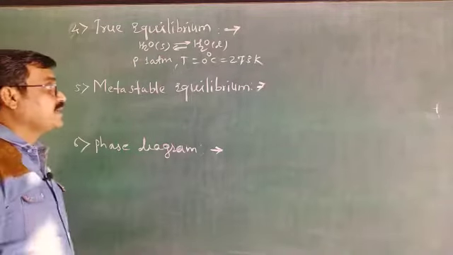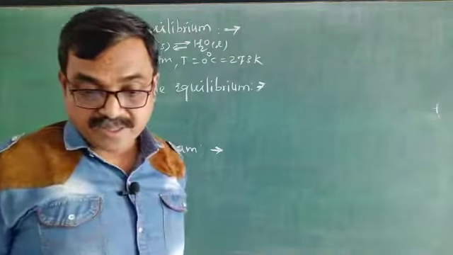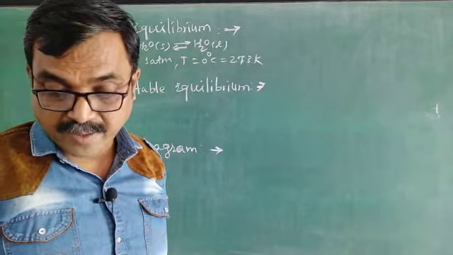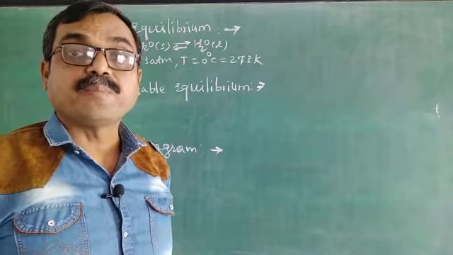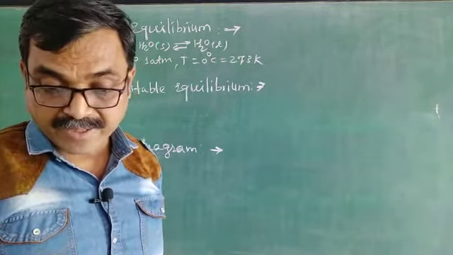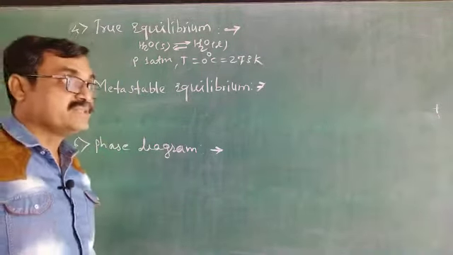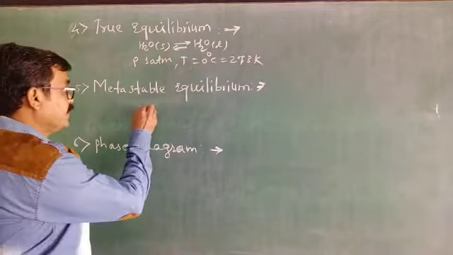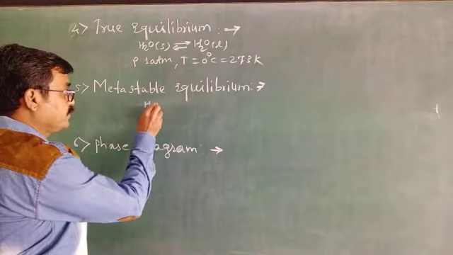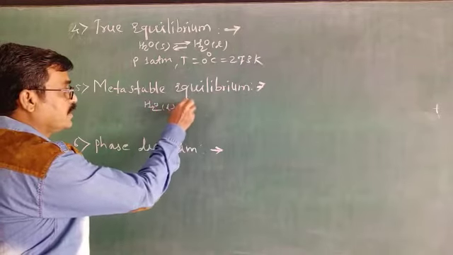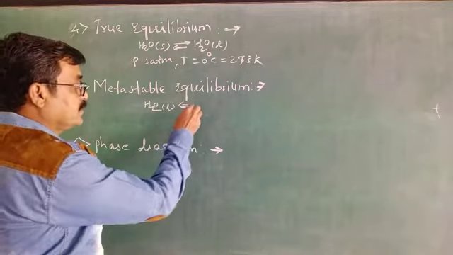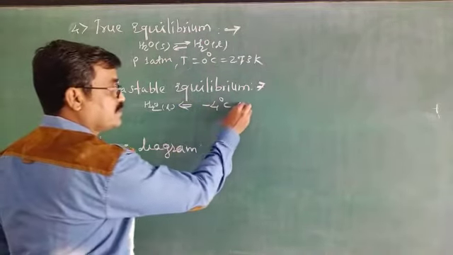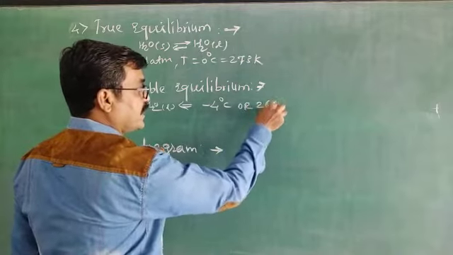Now, second, metastable equilibrium. A state of metastable equilibrium can be obtained only by careful approach from one direction. If we consider water, it is possible to keep liquid water at -4 degrees Celsius, that is 269 Kelvin.